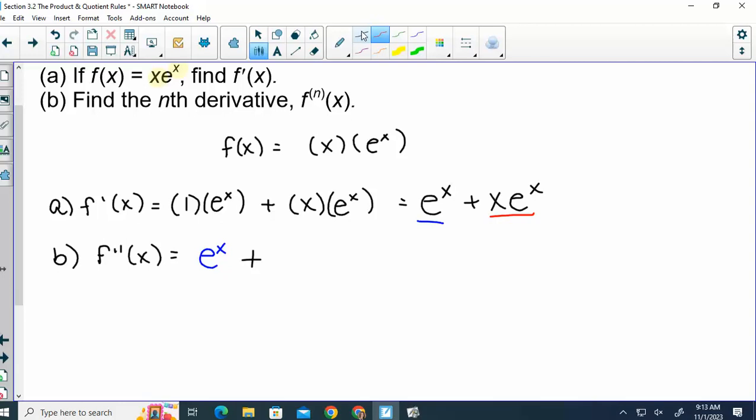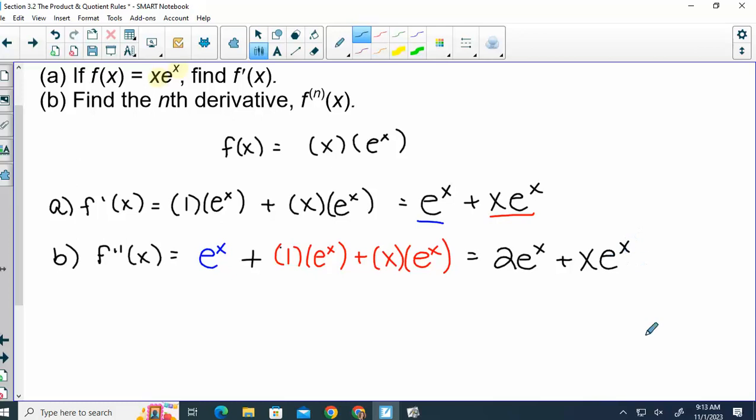Product rule. Derivative of the first. Derivative of x is 1 times the second plus the first. Derivative of the second. Derivative of e to the x is e to the x. Alright, so I have e to the x plus e to the x. That's 2 e to the x. And I still have x e to the x.